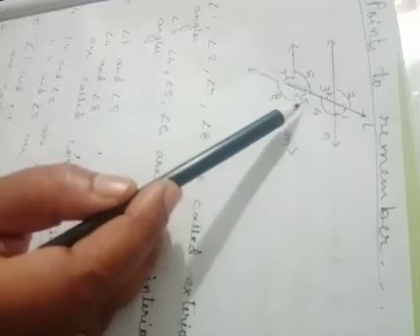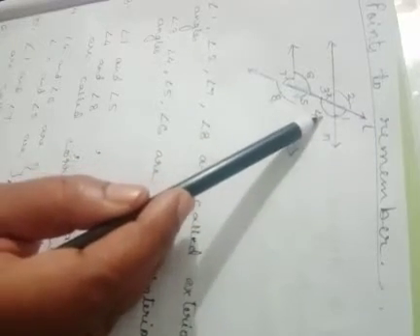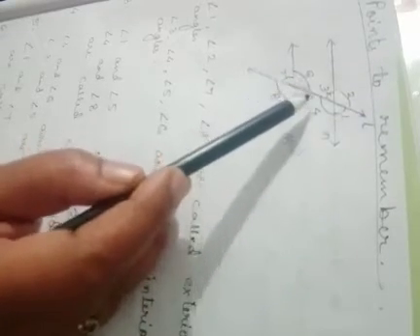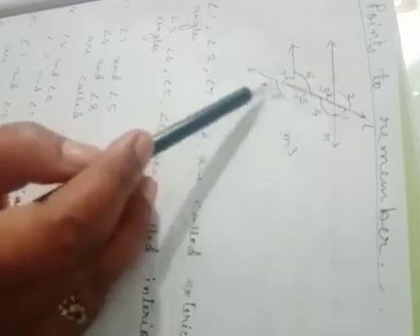And one more point: look at the pair of angles, angle 4 and angle 5, angle 3 and angle 6. They are interior angles on the same side of the transversal line.